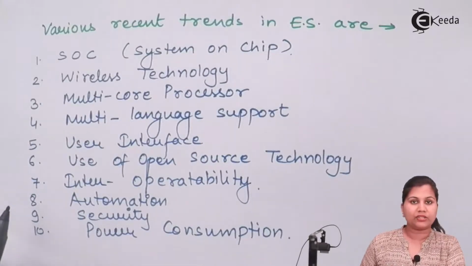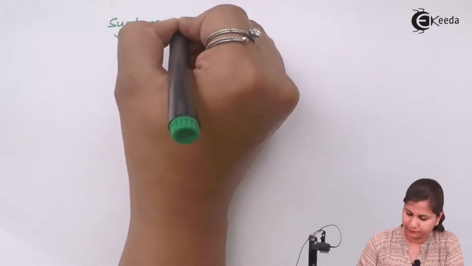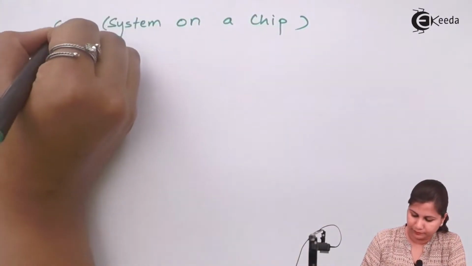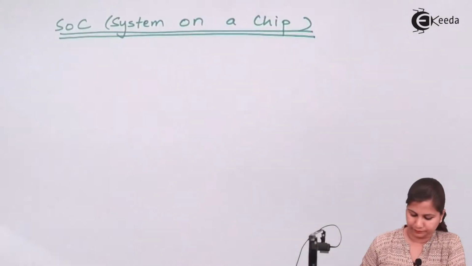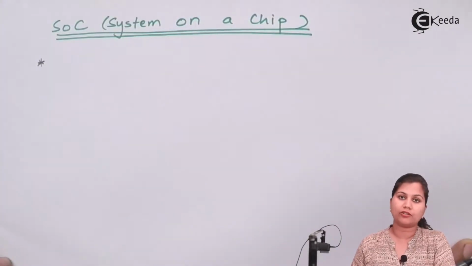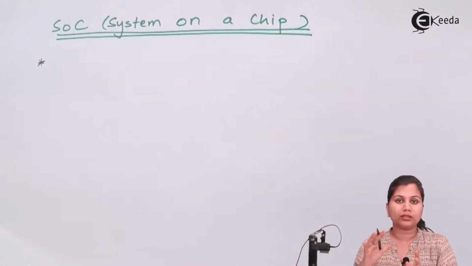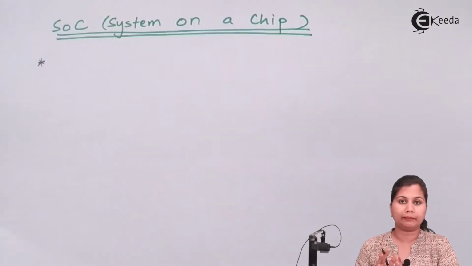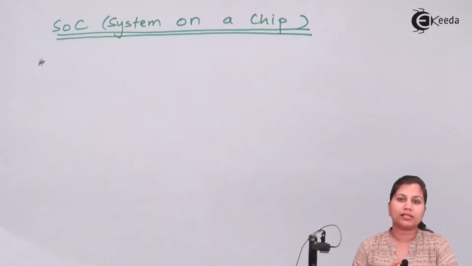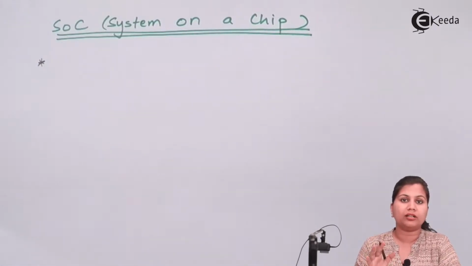So now we will study these trends in detail. First, we will start with the system on chip, that is SoC. We know that in the embedded system we have the hardware and the software. So this SoC, or system on a chip, means that all the components or parts of the embedded system are present on a single chip. The complete system is present on the single chip.